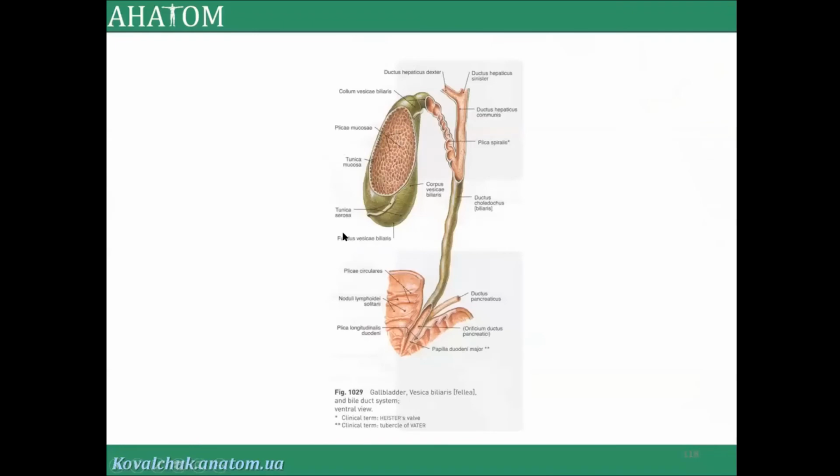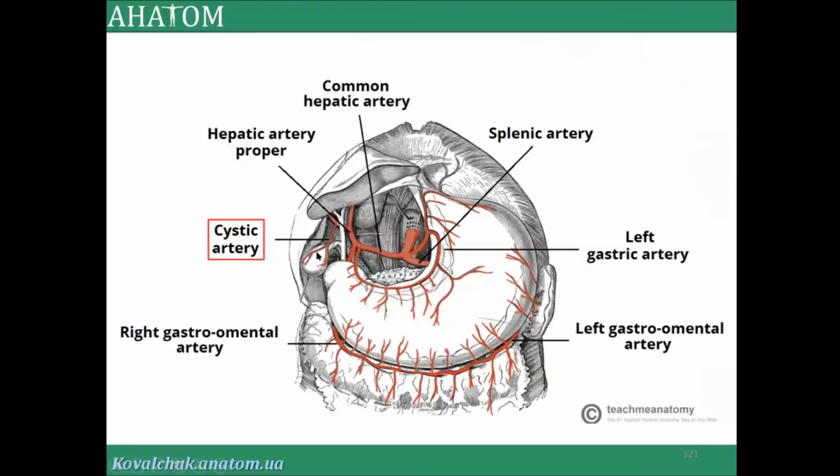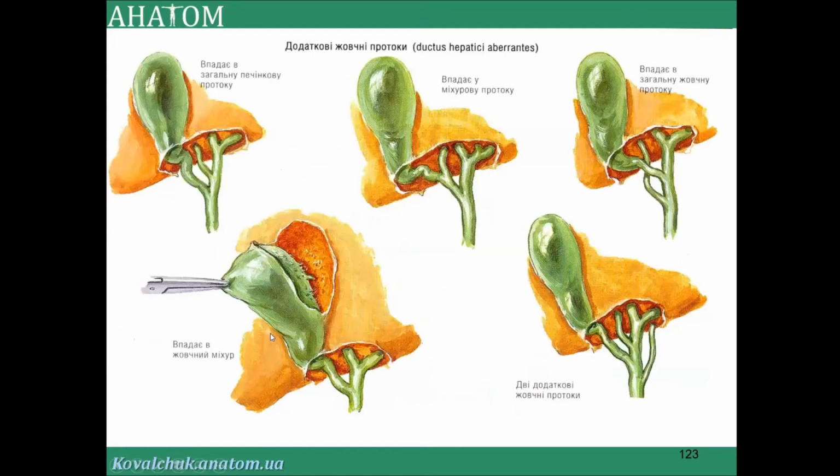Next one, it's the bile duct. Bile is located in the gallbladder, vesica biliaris in Latin, and there are very interesting and a very big portion of vessels and arteries located near the digestive system, because it digests food.